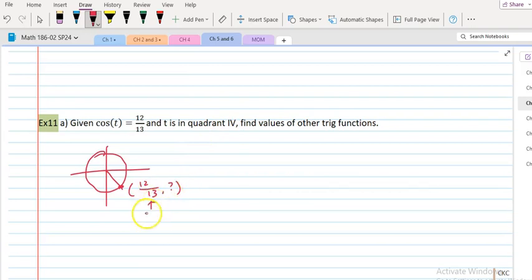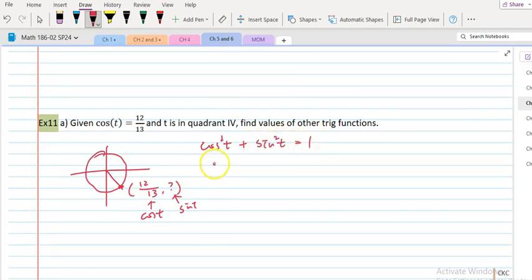So we know this is cosine t, and this is sine t. If I know cosine t, I can find sine t by what? Cosine squared t plus sine squared t equals 1.